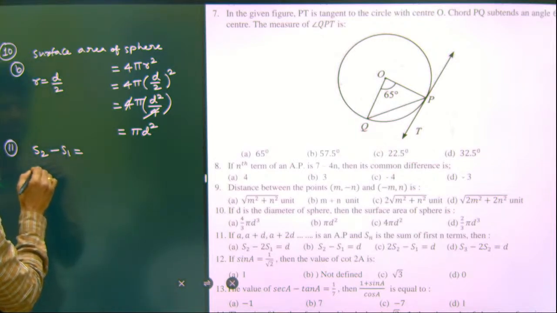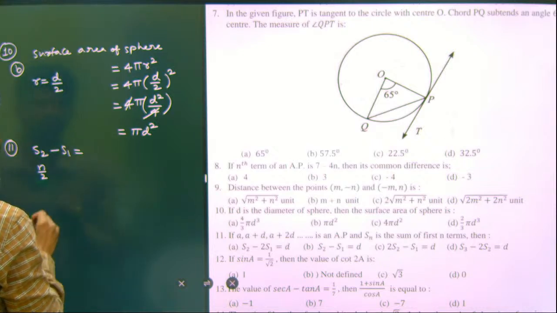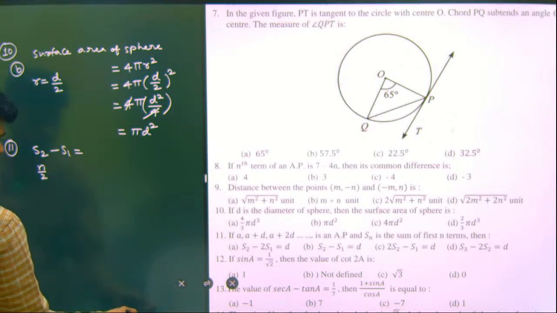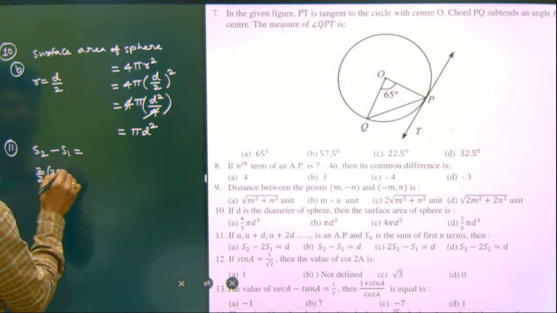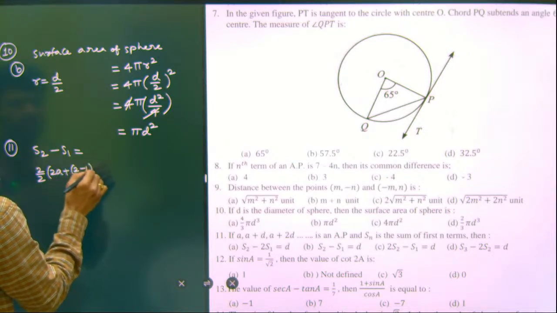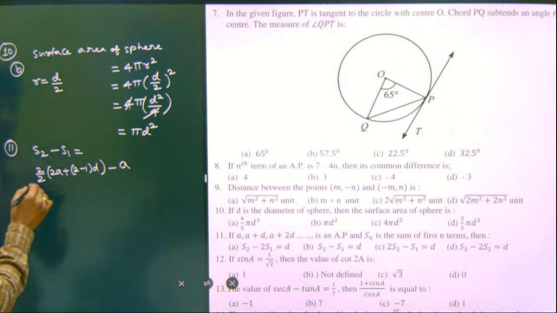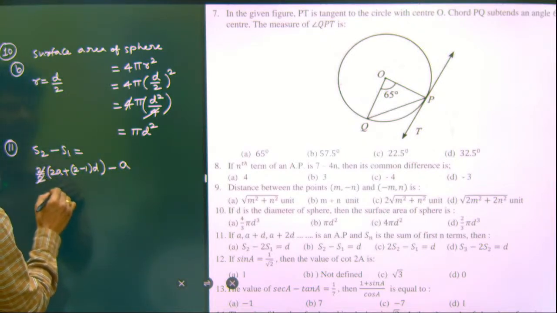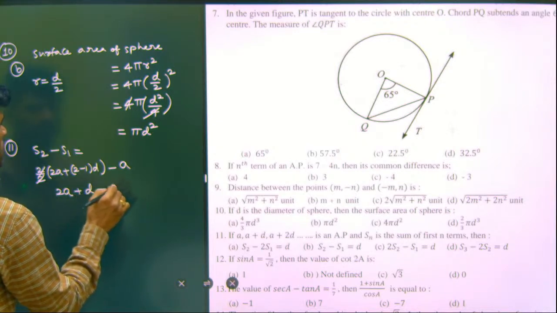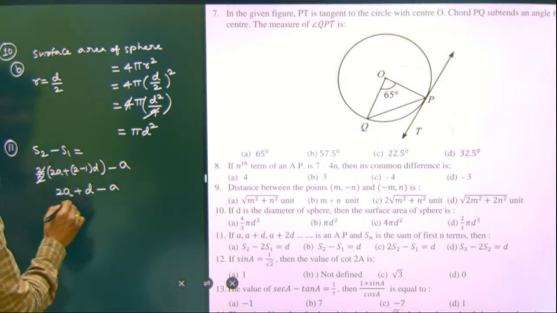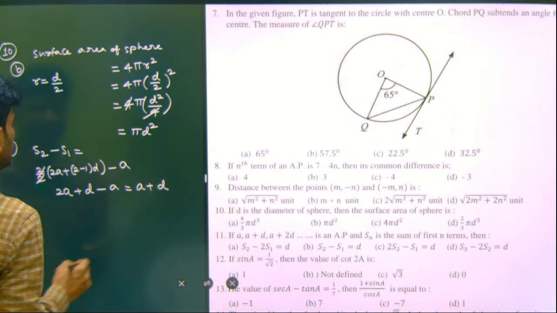S2 means n by 2, which is 2 by 2, into 2a plus 2 minus 1 into d, minus a, because S1 is a itself. Then the 2 cancels. 2a plus d minus a. 2a minus a, so the result is a plus d but not d.